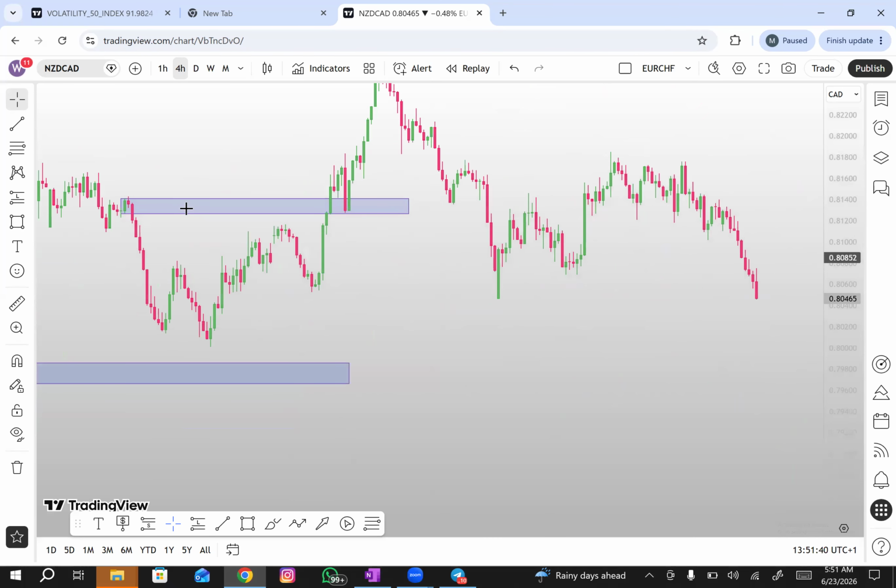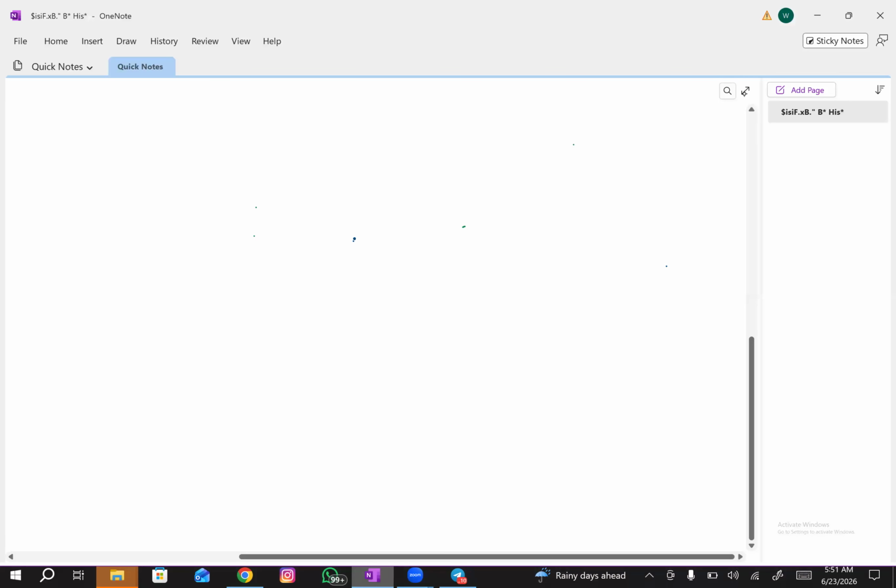We move to the next one, which is a Quasimodo level. What is a Quasimodo level? It's very simple. Okay, there will be a sweep of this level and then a break of structure.